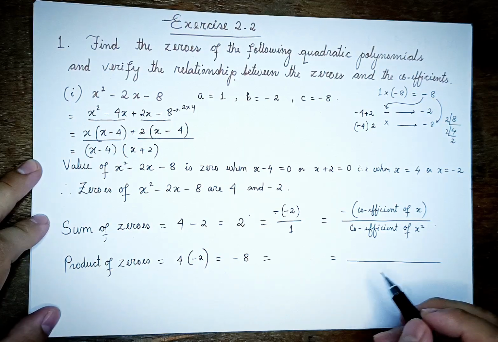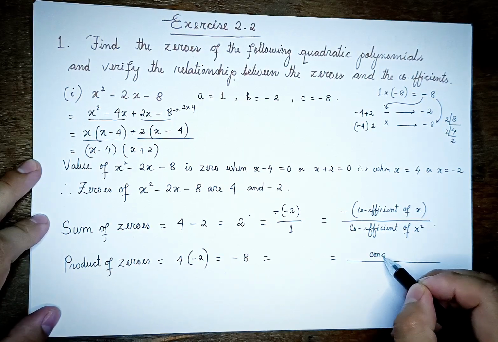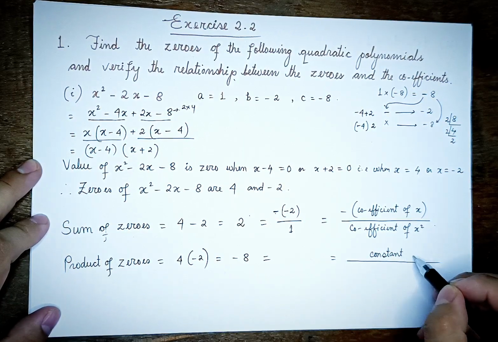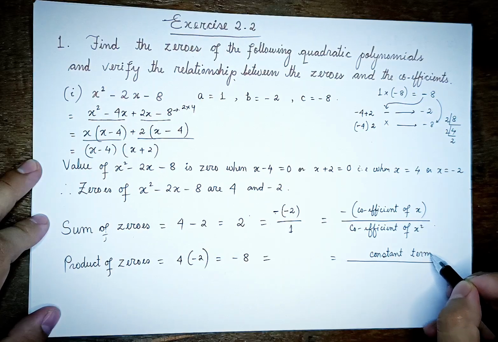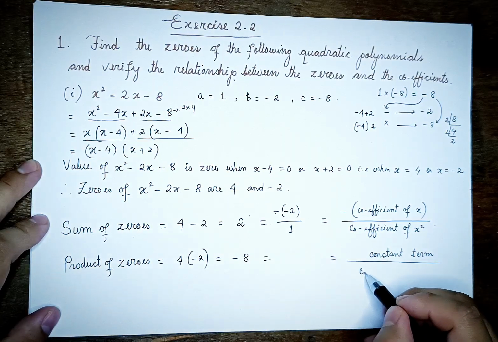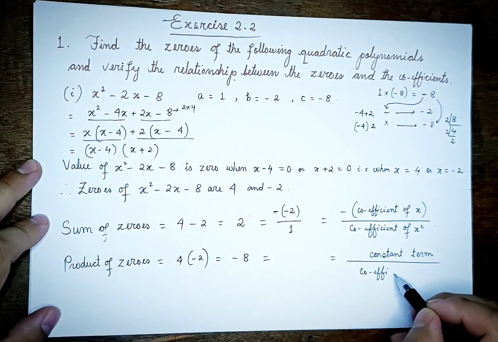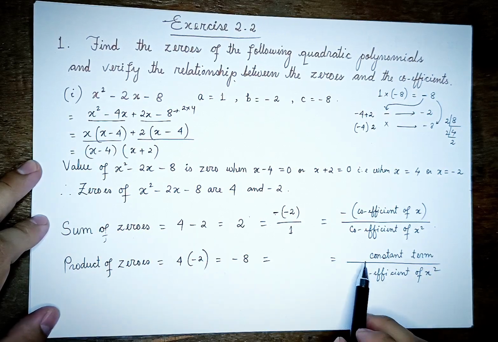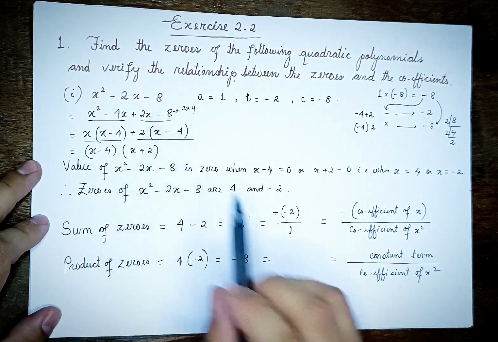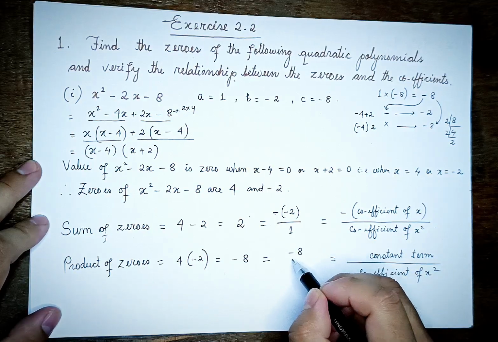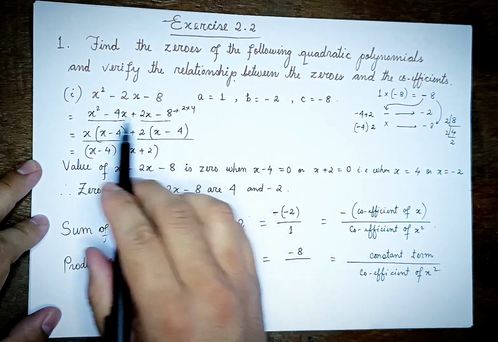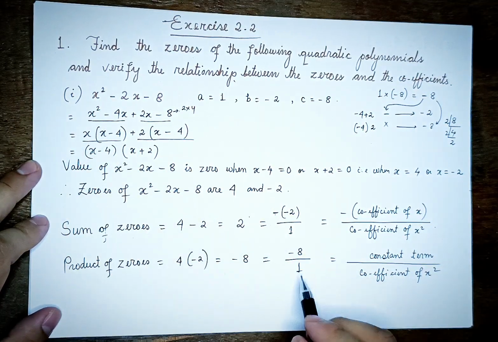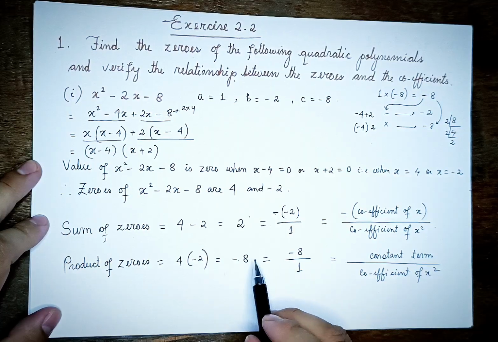We know that product of zeros is equal to constant term divided by coefficient of x square. So our constant term is minus 8, so I write minus 8 here, divided by coefficient of x square, which is 1, so I write 1 here. Dividing minus 8 by 1, we get minus 8.